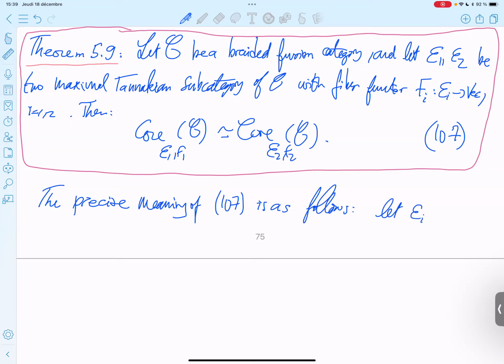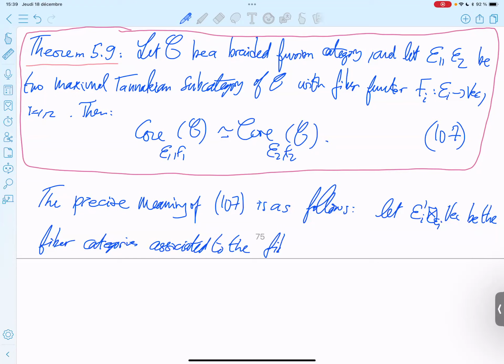Let this be the fiber category associated to the fiber functor i equal 1, 2.